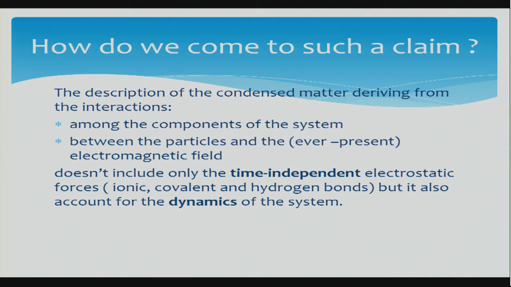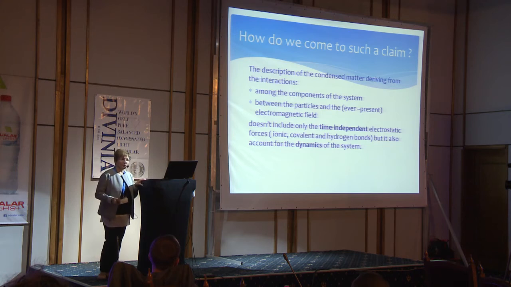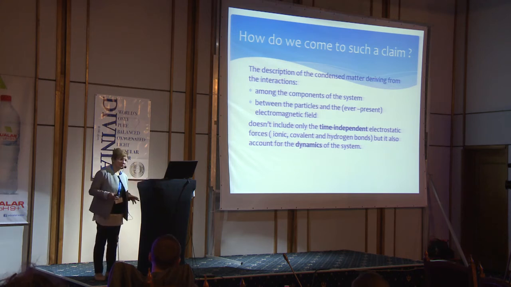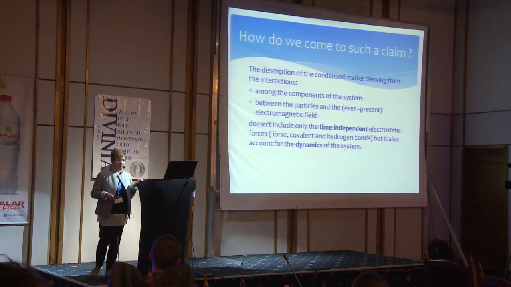I'm talking about an electromagnetic field which is ever present in the universe. The vacuum, intended as Aristotle did, doesn't exist anymore. The vacuum is a space without matter, but it's not void. The vacuum is filled with an electromagnetic field. So when we want to describe the condensed state of matter, we have to take this electromagnetic field into account.